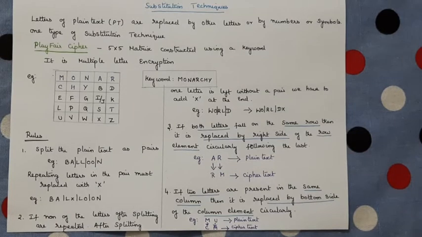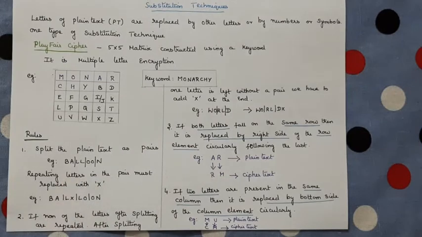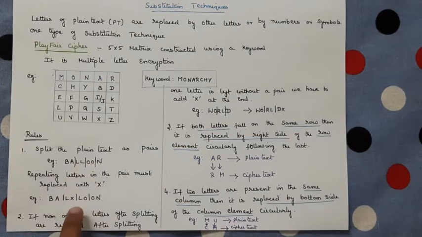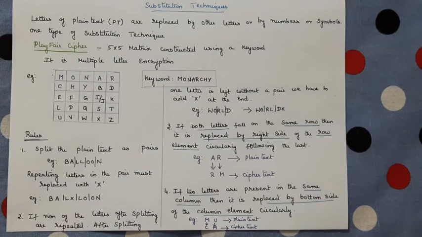So I am going to introduce one X in the first repeating letter pair. When I introduce X here, it is BA and then L, and instead of the second L I introduce X, and then I move my L to the next place.